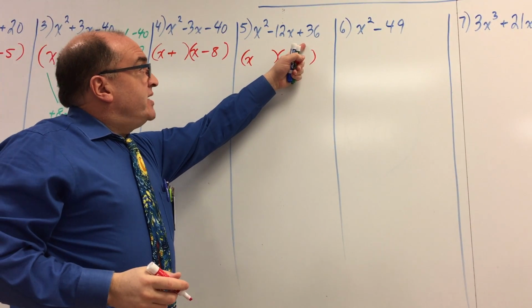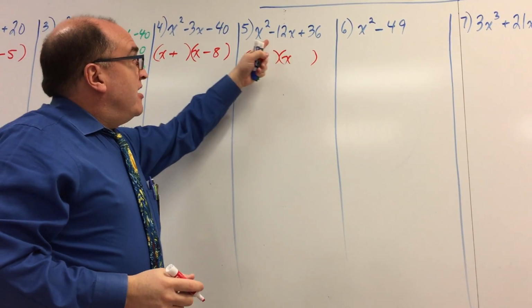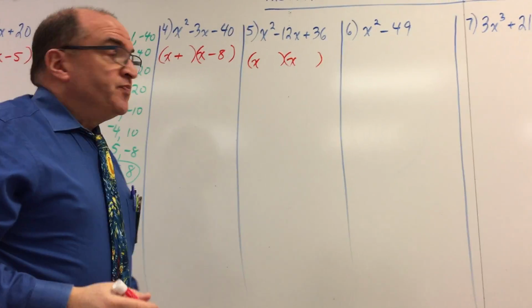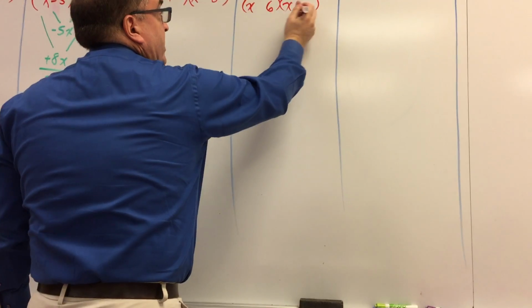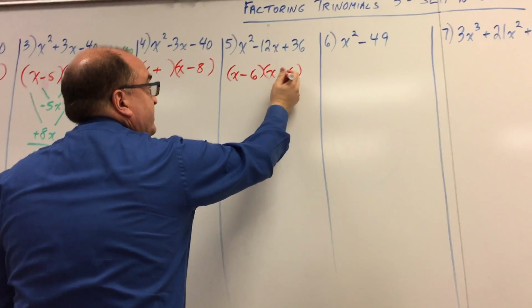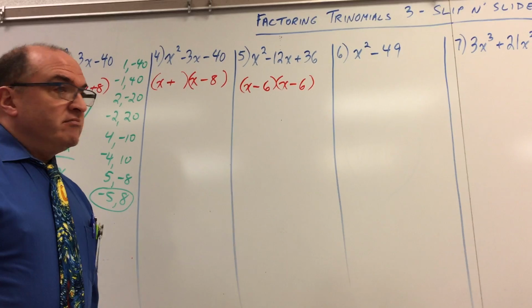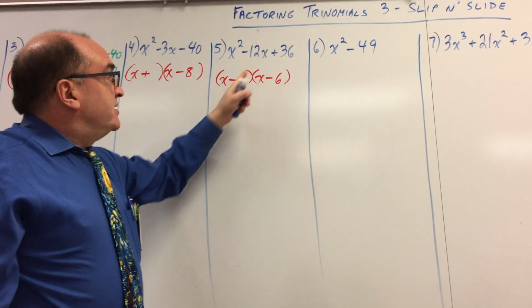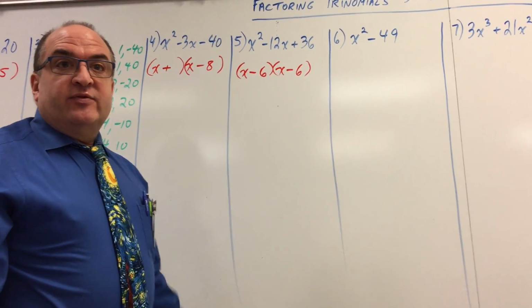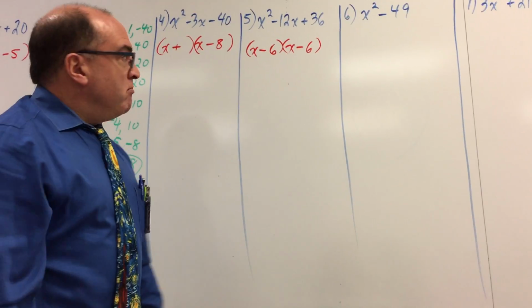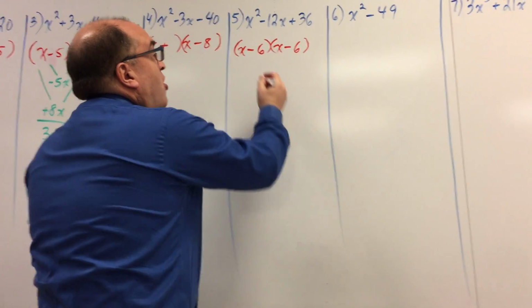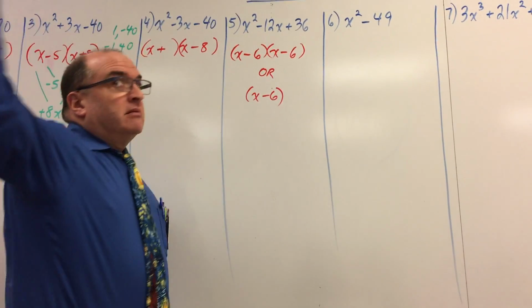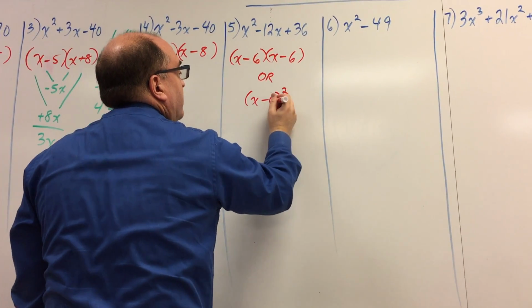What times what makes 36 that also added together, the same number, makes negative 12? 6 and 6, and would you agree in this case that it's negative 6? Negative 6 times negative 6 makes positive 36. Negative 6 plus negative 6 makes negative 12. Or you could write this one as x minus 6 squared.